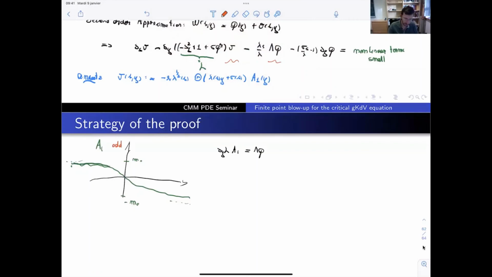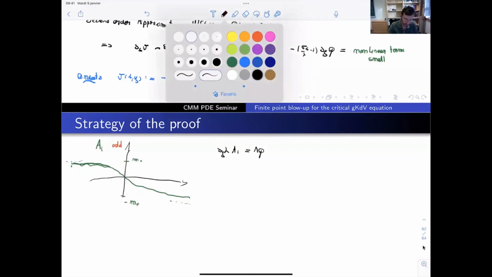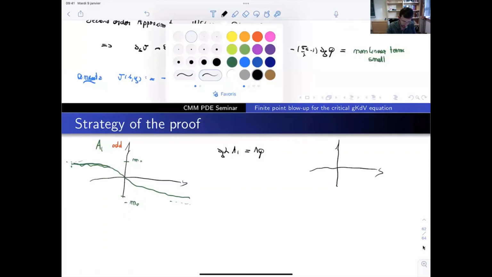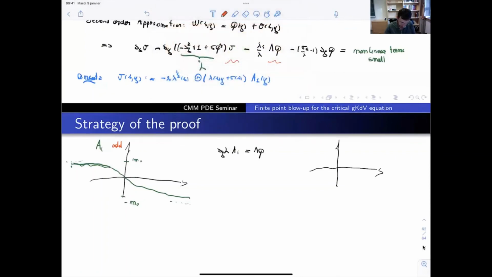Okay, and here you need to have read a little bit the paper of Martel and Raphael, but I know, at least Claudio, that you know this well, that the function they used before was a little bit connected to A1, but it was going to 0 at infinity.